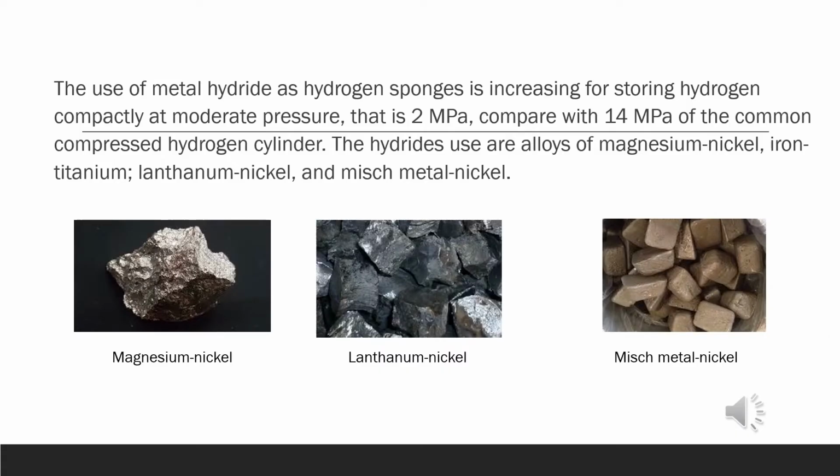The use of metal hydrides as hydrogen sponges is increasing for storing hydrogen compactly at moderate pressure, that is 2 megapascal compared with 14 megapascal of the common compressed hydrogen cylinder. The hydrides used are alloys of magnesium nickel, iron titanium, lanthanum nickel, and mischmetal nickel.